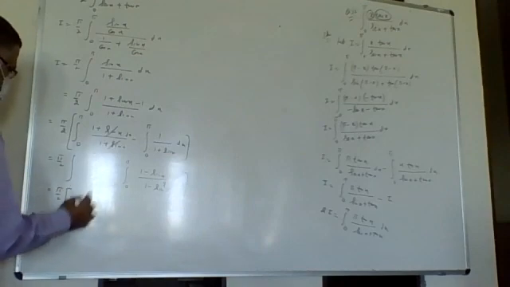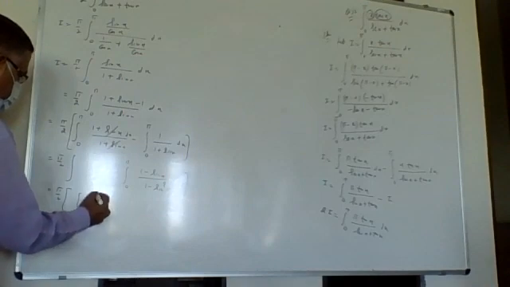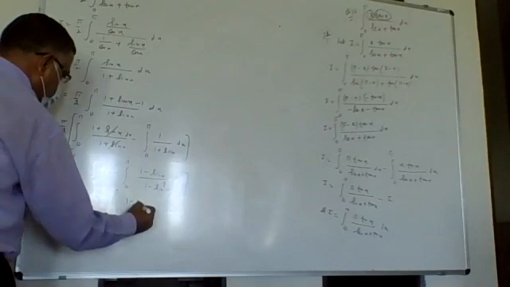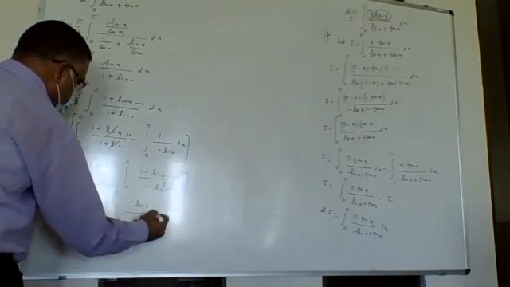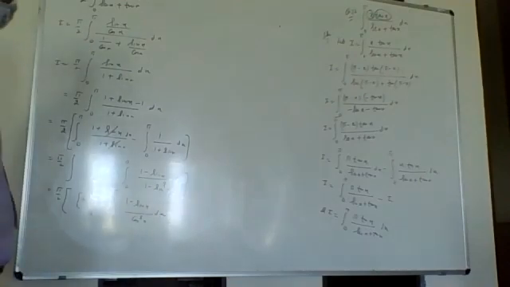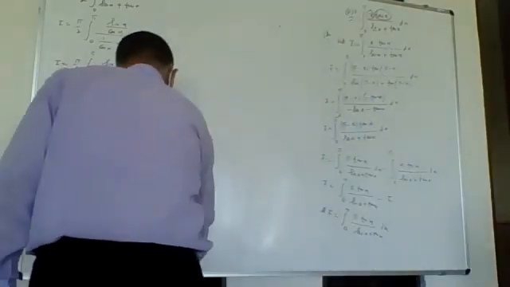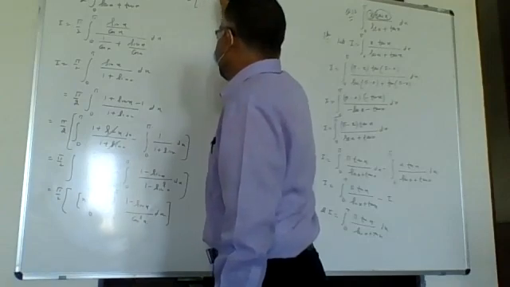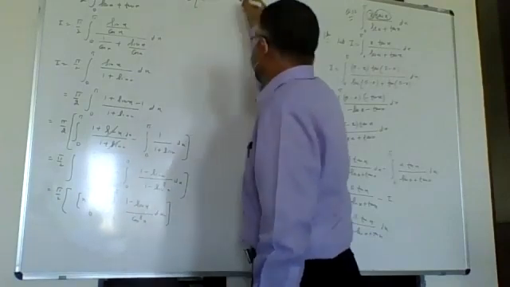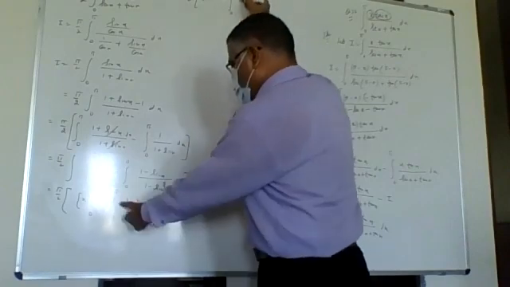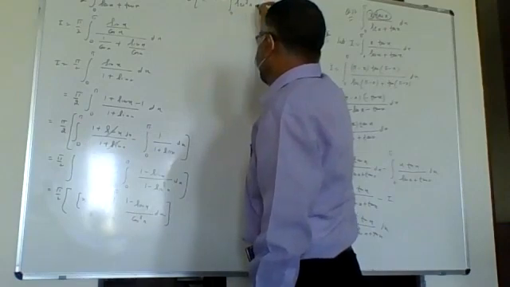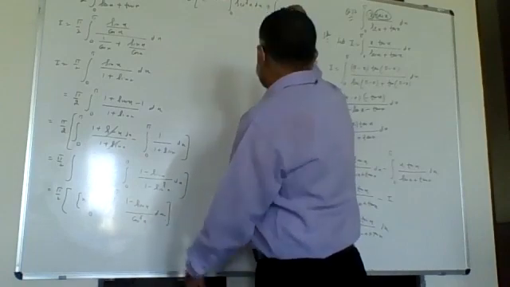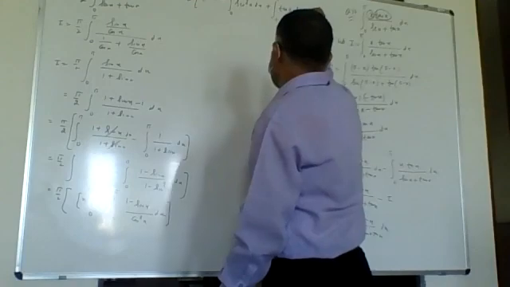So which is integral of this, x from 0 to π/2, minus the integral 0 to π/2 of 1 minus sin x upon cos square x, which is π/2 minus 0, minus the integral 0 to π/2 of 1 over cos square x, secant square x dx, plus the integral of sin x over cos x, this is tan x, times 1 over cos x, this is secant x dx.